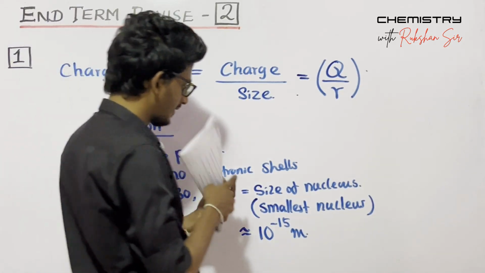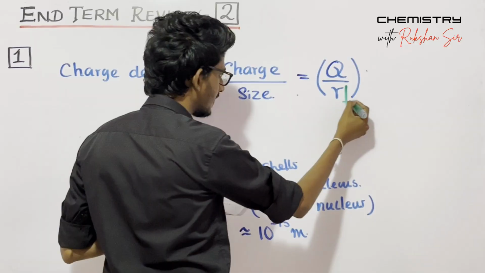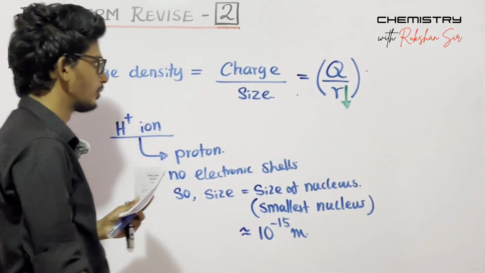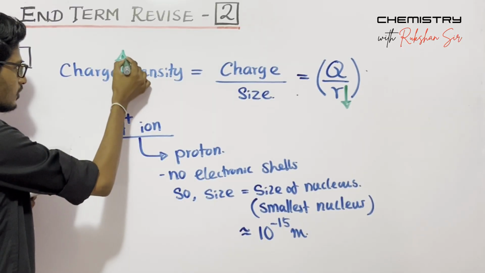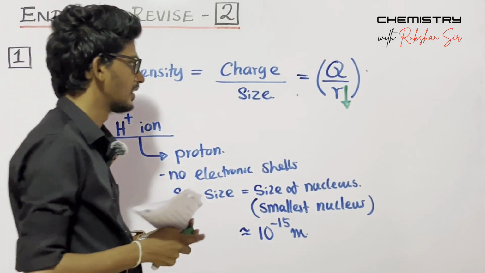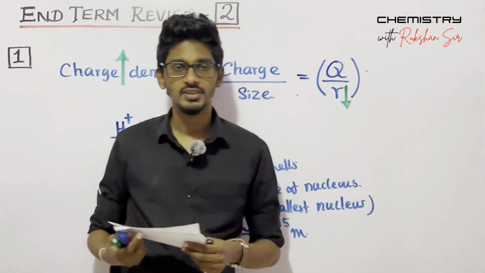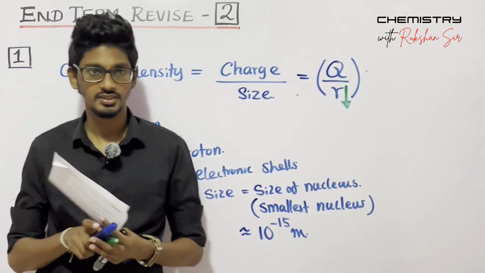So the size is the smallest with the H plus ion, so the charge density is the greatest. H plus is the ion with the greatest charge density.